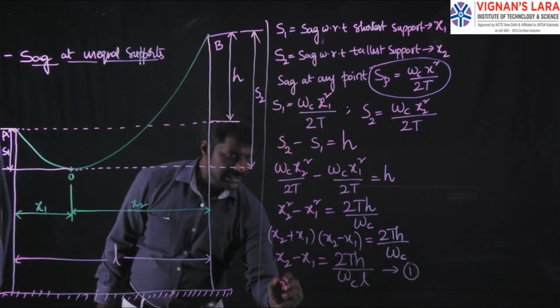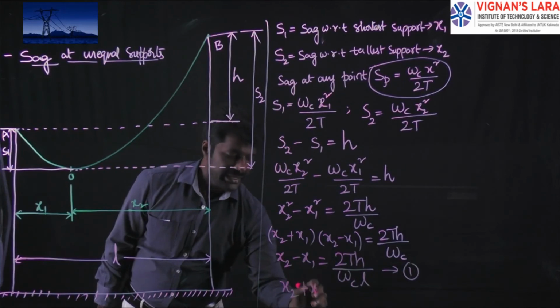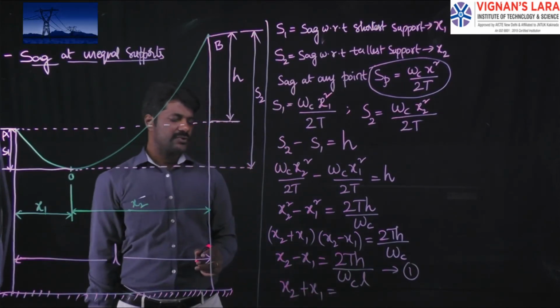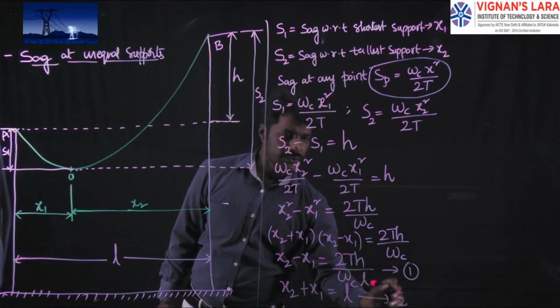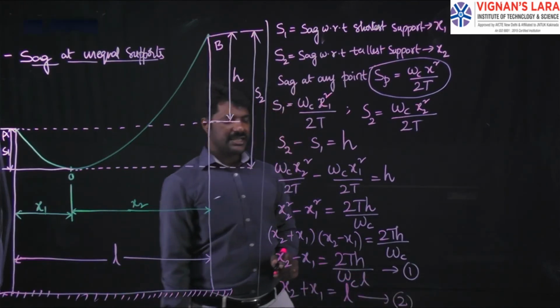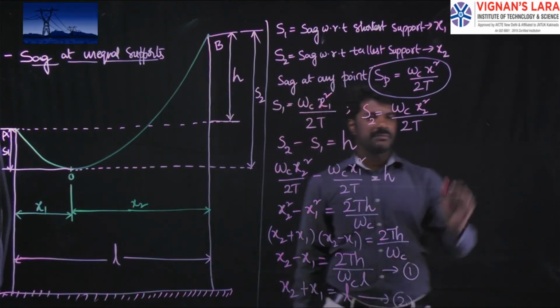Also, we know that the sum of the two distances x2 plus x1 is equal to the span length L. Let it be equation 2. So add up equations 1 and 2 for further simplification.